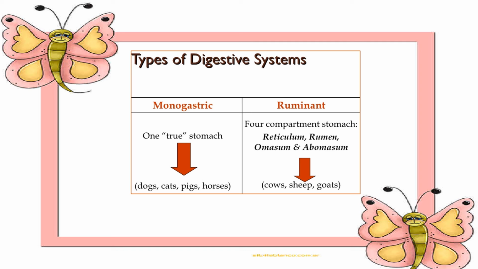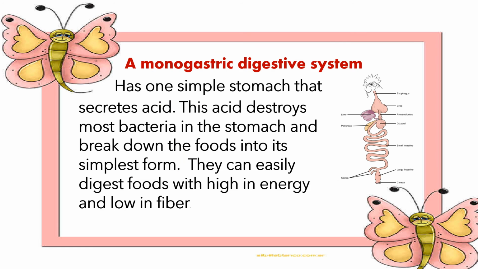So cows, sheep, goats. What can you observe about this kind of animals? Usually, they are the ones that eat grass. The monogastric digestive system has 1 simple stomach that secretes acid.